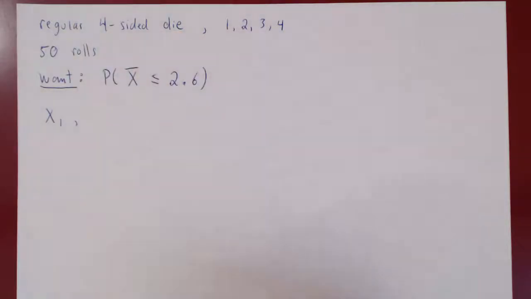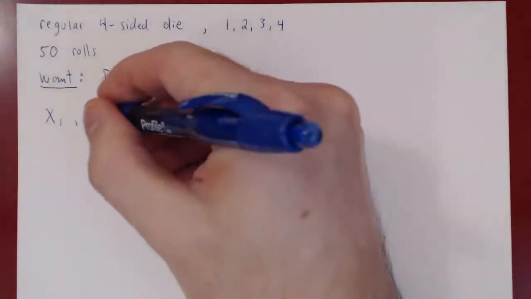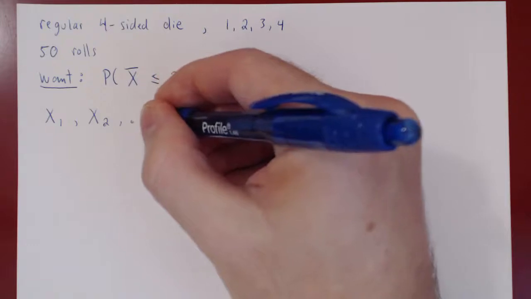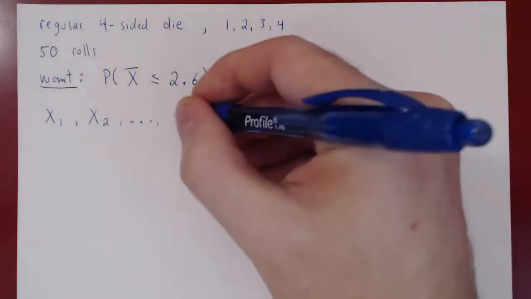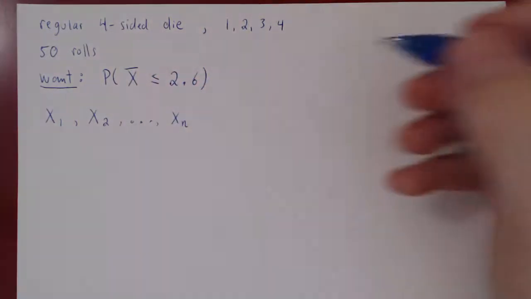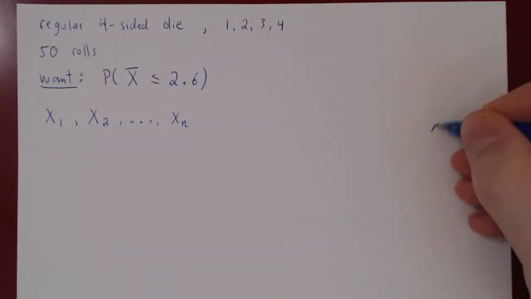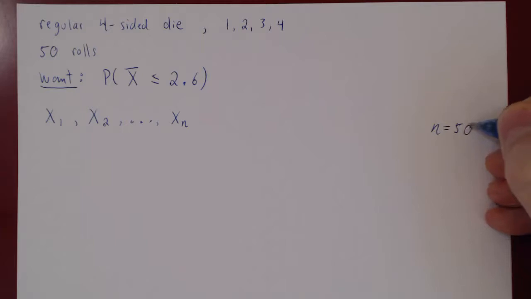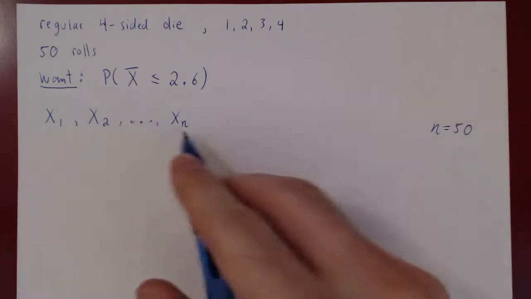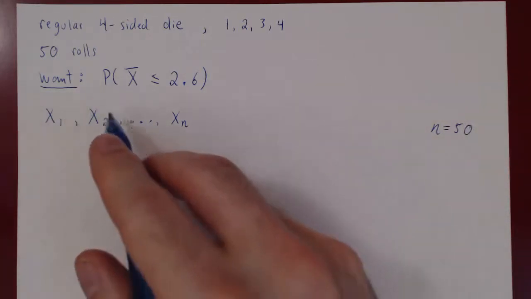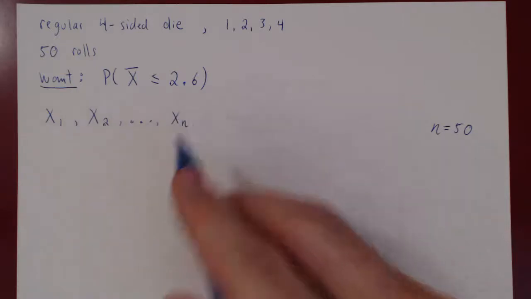So x1 will be either 1, 2, 3, or 4. x2 is the result from the second roll up to, and here xn. And here we have 50 rolls. So n is equal to 50. So this is the result of the first roll, the result of the second up to the nth roll.